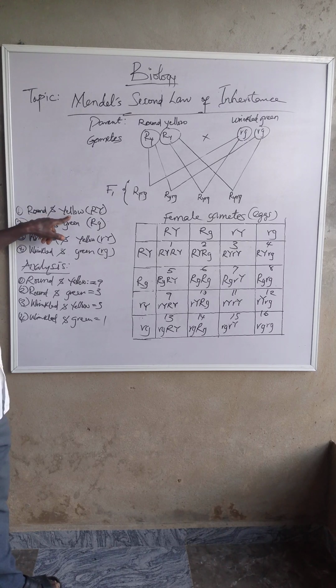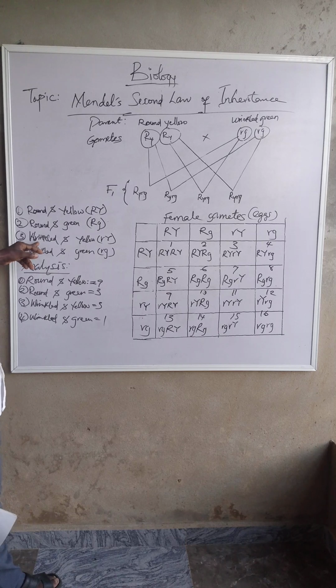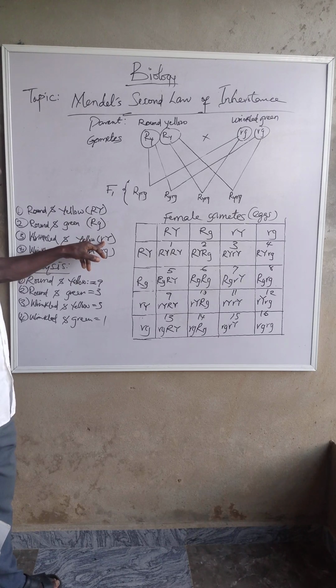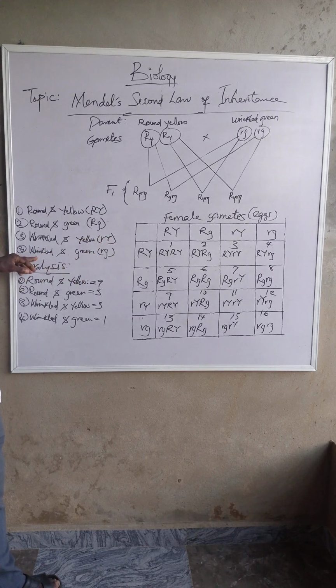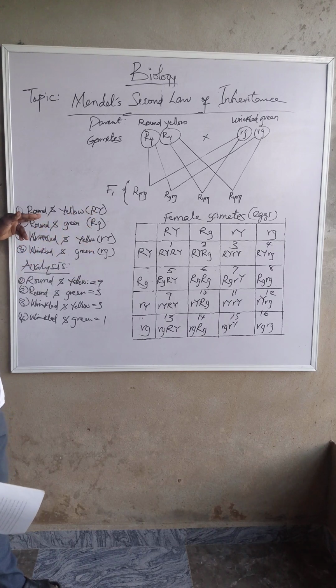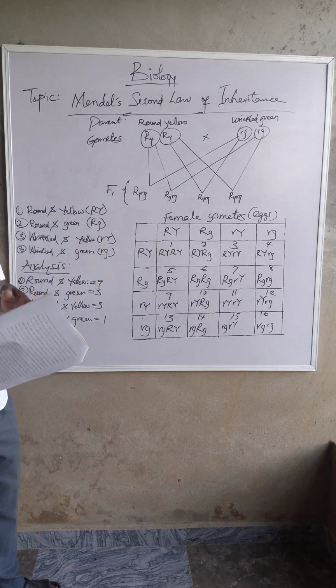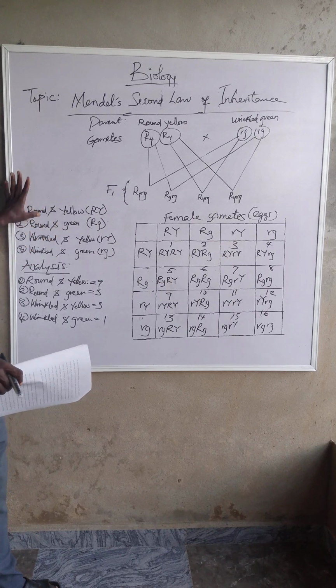Round and yellow, which we represent with capital R and capital Y. Then round and green seeds, capital R, small g, because round is dominating. Then we have wrinkled and yellow, small r, capital Y. And then wrinkled and green, small r, small g. Now, round and yellow are the phenotype, while the RY on this side is the genotype. These are the genes, while this is the phenotype, the analysis.